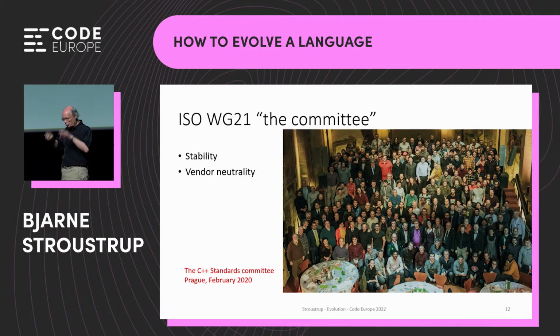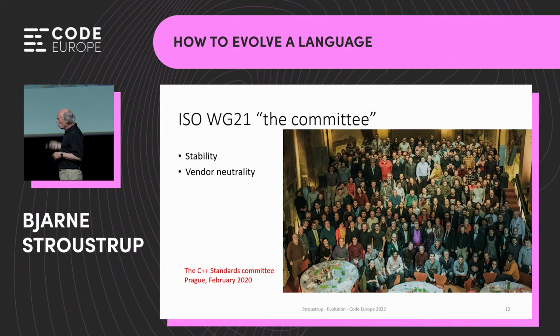We go for consensus, and we really prefer 90% in favor. The national bodies that vote on this in the end have never voted less than 21-0 for one of the standards. So that's good. What the standard brings us is some stability and some vendor neutrality. So you can't break any significant amount of code for those people, so we won't.